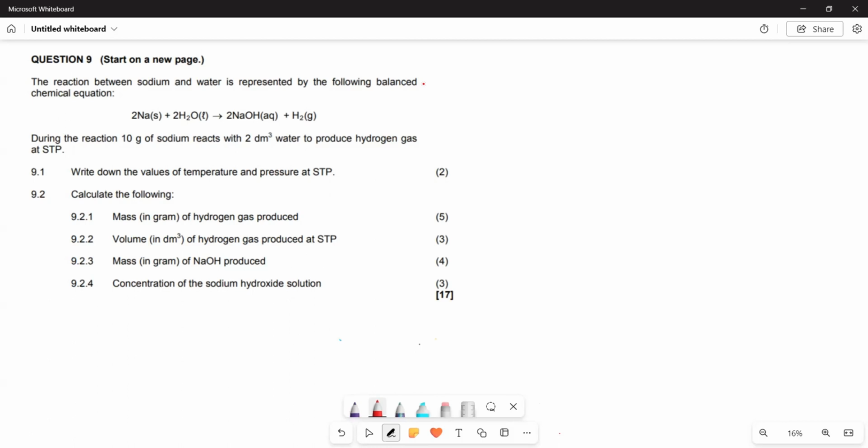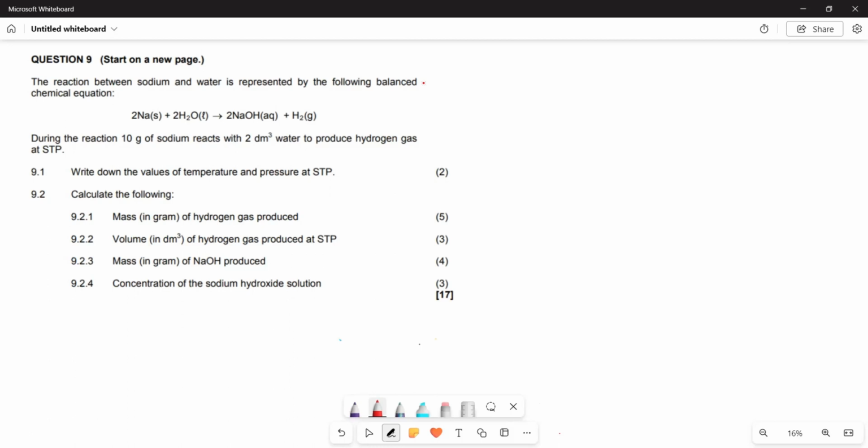What we are looking at today is stoichiometric calculations, and we are going to see how we can solve these particular questions. Let's start here. The first question says the reaction between sodium and water is represented by the balanced chemical equation.